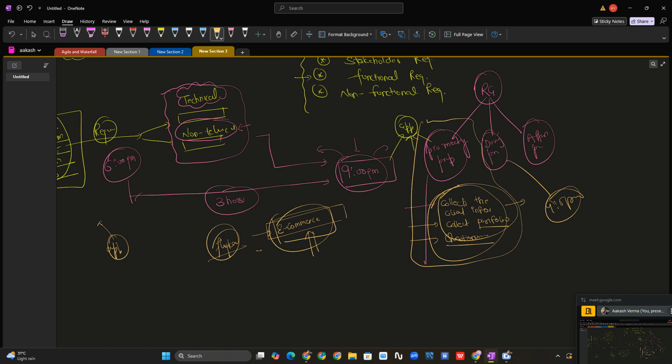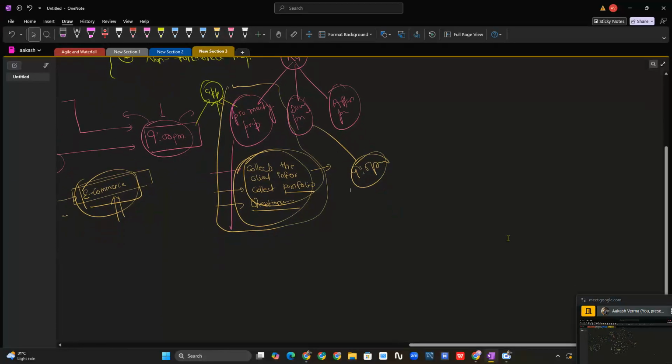Log into the meeting. Greet the client. First of all, greeting to the client. Inform about your company, your organization. Then the client will inform about their organization, and they will greet us.